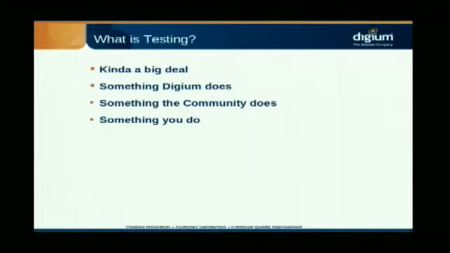To go on to my next point, it's something that the community does. Well, we hope it's something the community does, but the reality is somebody may do a test, like you guys had your hands up. You may have a test that you do, but I don't see that publicly, or nobody knows. Like the guy sitting next to you, you might be doing the same test, but you don't know the results of each.